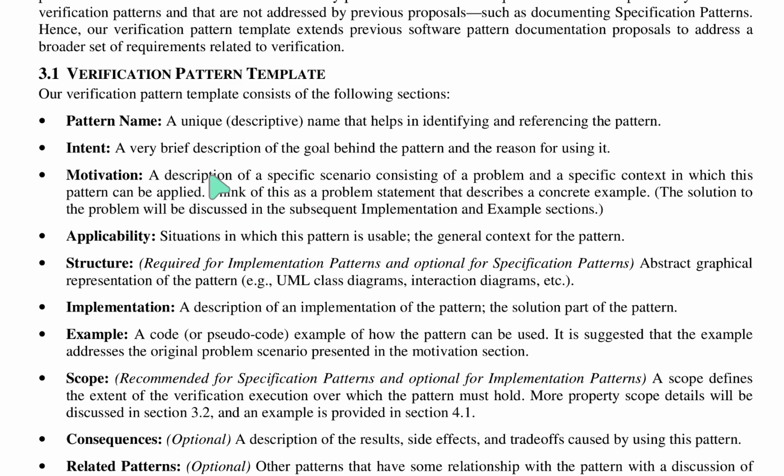Motivation, a description of a specific scenario consisting of a problem and a specific context in which this pattern can be applied. Think of this as a problem statement that describes a concrete example. The solution to the problem will be discussed in the subsequent implementation and example sections.